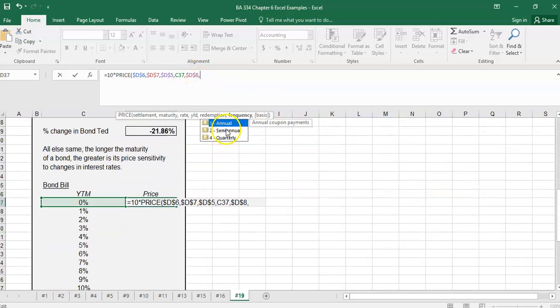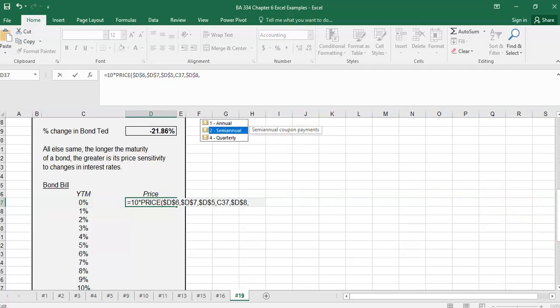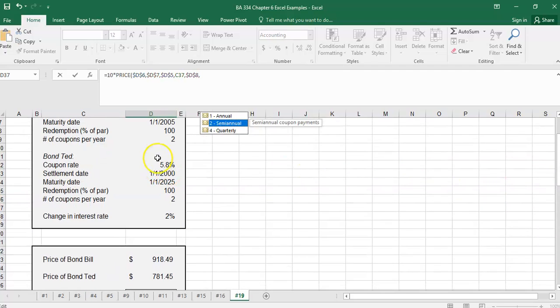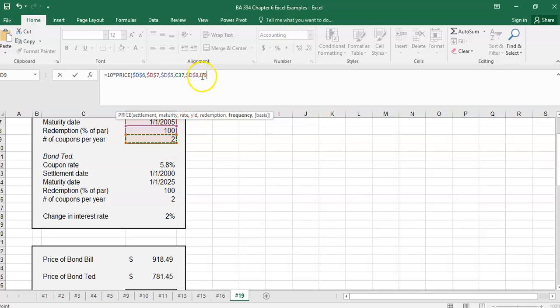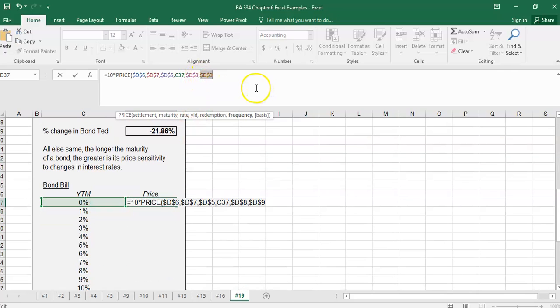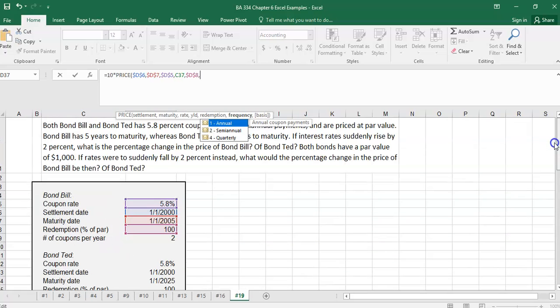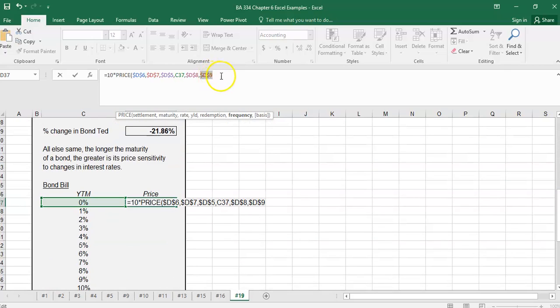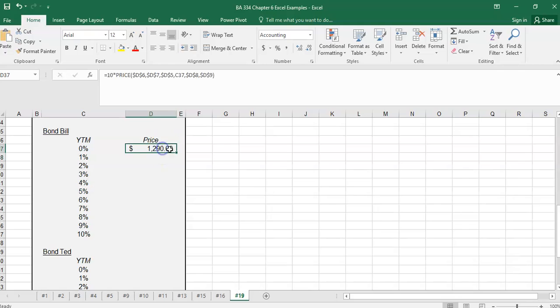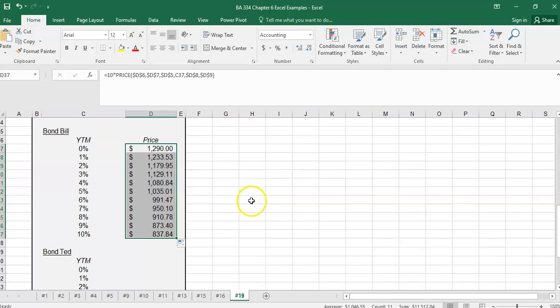The number of coupons per year, semi-annual, and I'm going to lock that cell also. And then we'll copy the price down, and it shows how the price changes based on market changes.